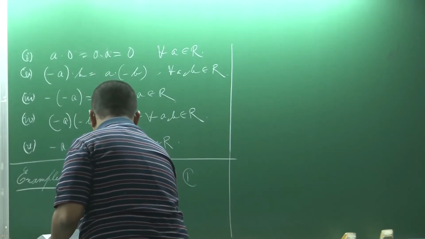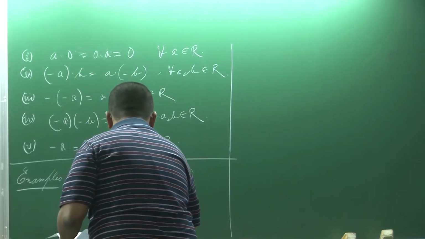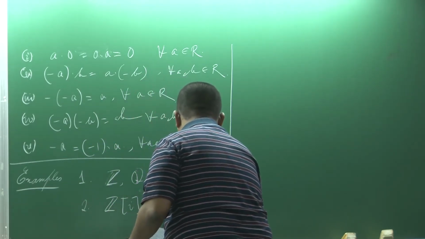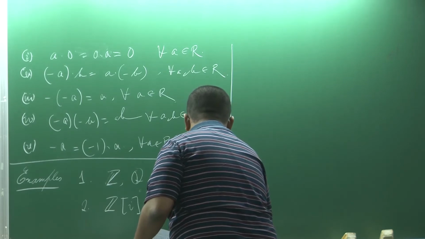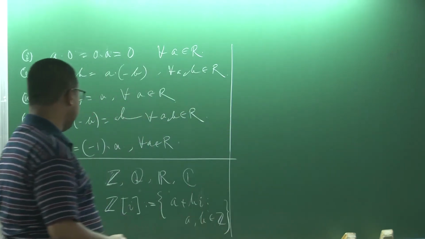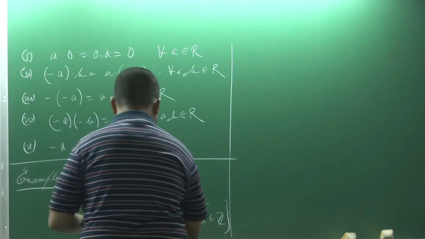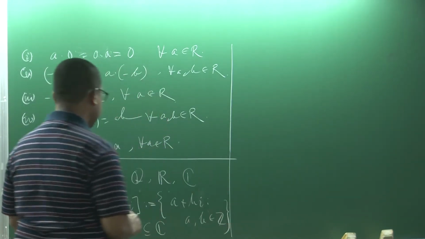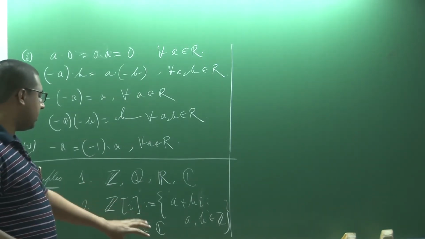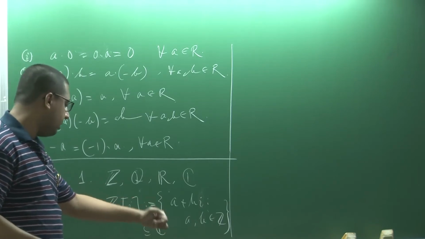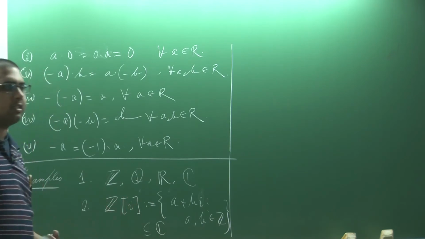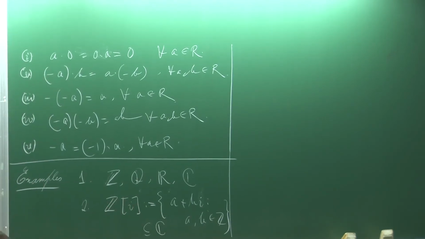Next, let us consider Z[i]. Z[i] is called the ring of Gaussian integers. It consists of all elements of the form a + bi, where a, b belong to Z. Here i is the complex number i. This is clearly a subset of C. The addition and multiplication on this set is basically the restriction of the usual addition and multiplication of C to this sub-collection.